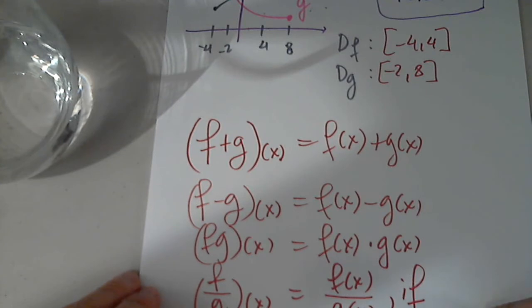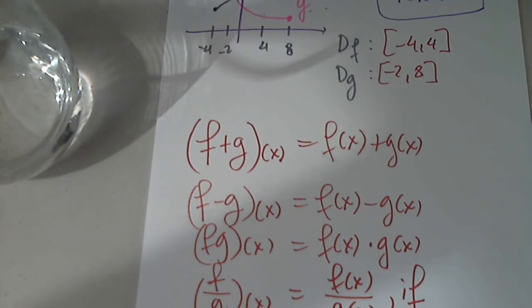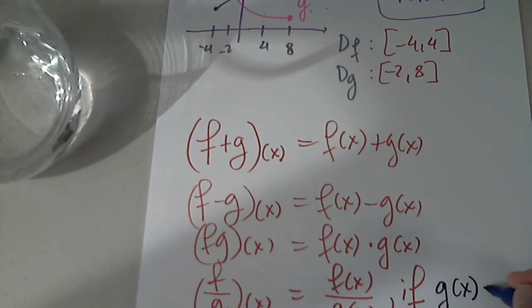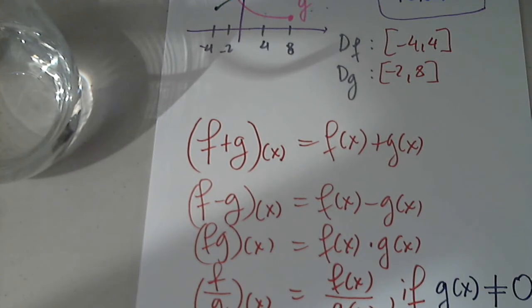And what does it mean? Anyone? Conditional. Because g of x cannot be 0. We cannot create a function if its denominator is 0.